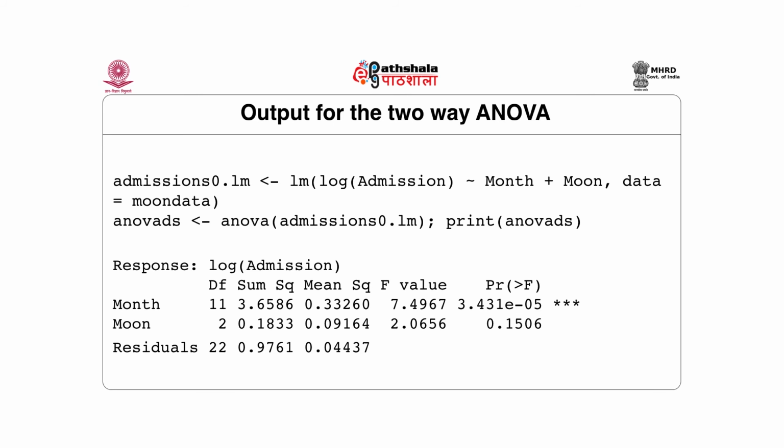This is interesting, because what we're trying to do here is say that the admissions could be a sort of multiplicative function of the month and the moon. So we have put together a log function to see how these things work.